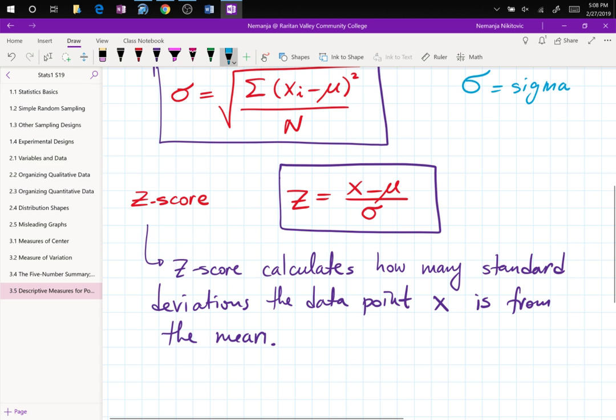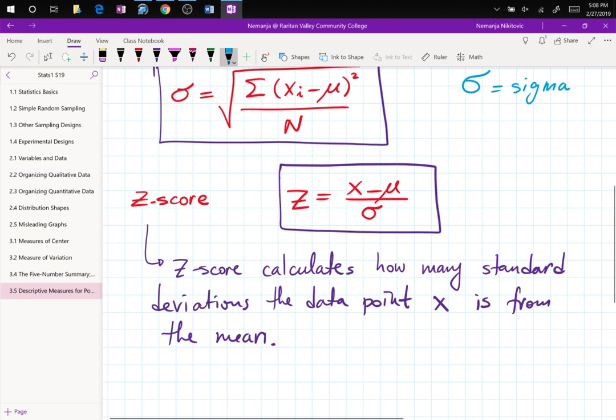So that would be z equals 4, because he was 4 standard deviations above the mean. We can also find a person that has an IQ of 40, on the other end, and that would be a z-score of -4.